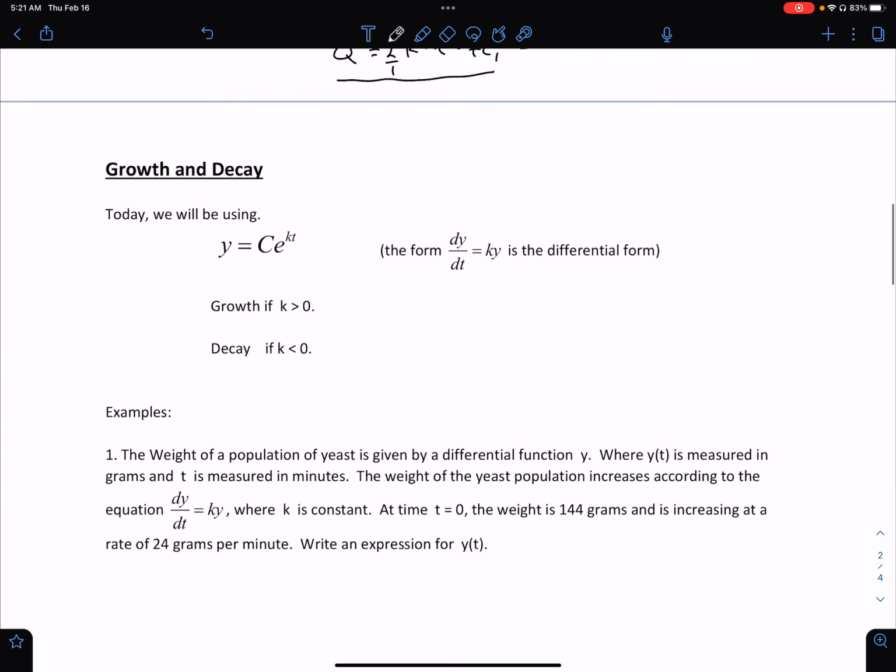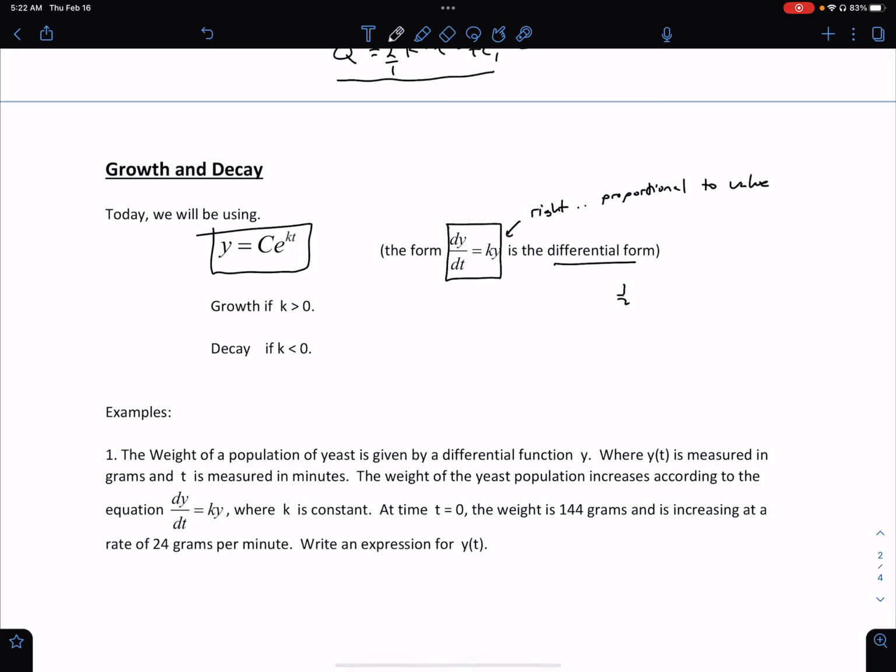All right, so for growth and decay, we're going to use the following model. Everything is going to be given this answer, y equals c e to the kt. The form dy/dt equals ky is the differential form. And what the right side is saying is that we are proportional to the value. This is how half-life works.